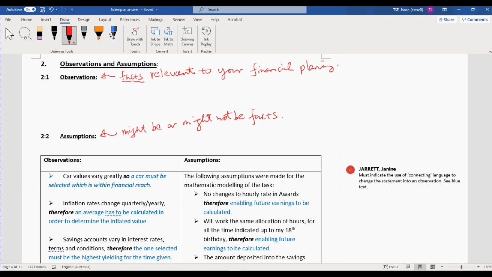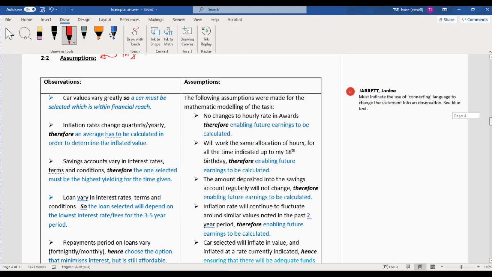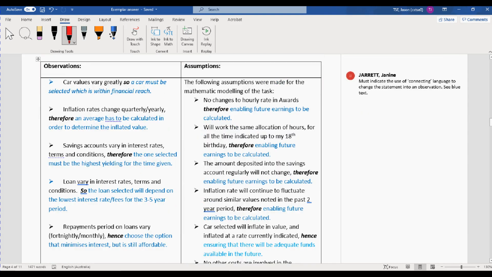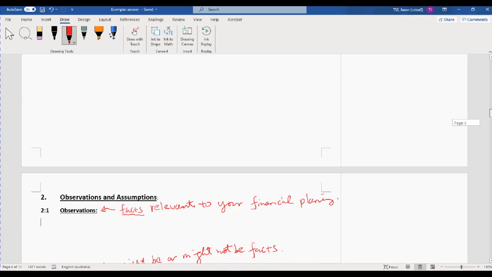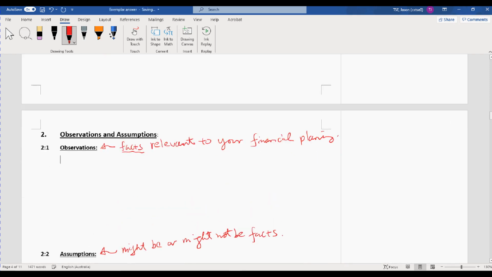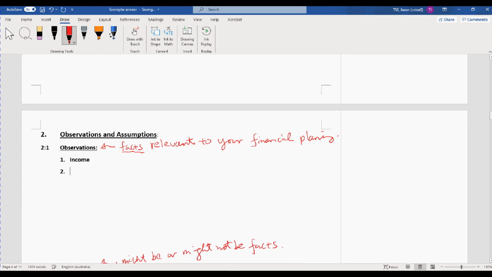So let's first try to find some observations. In your booklet, we have suggested some facts for you. Those facts, you could consider them in major categories. Let me type it. The first category is about your income. Second could be your expenses.